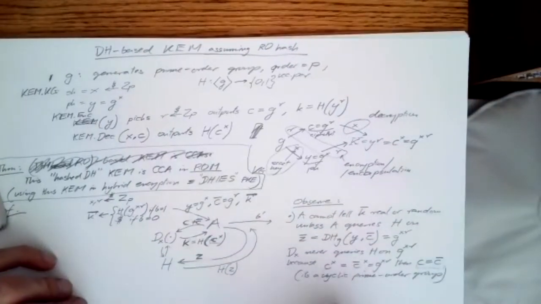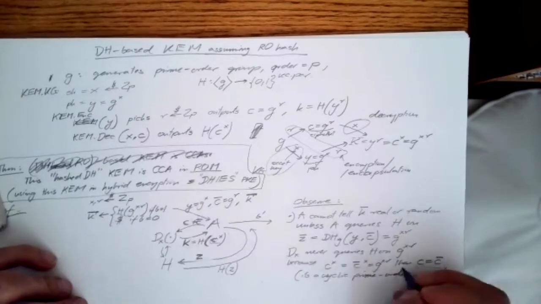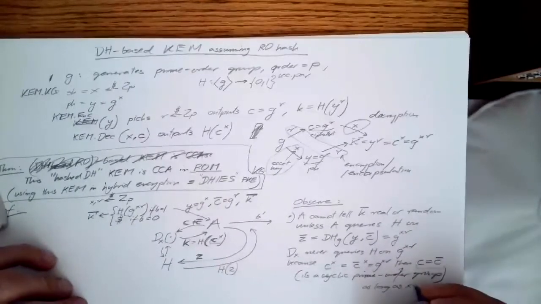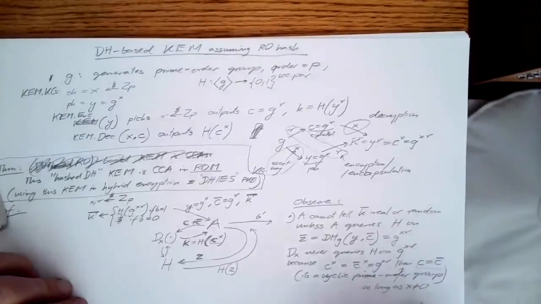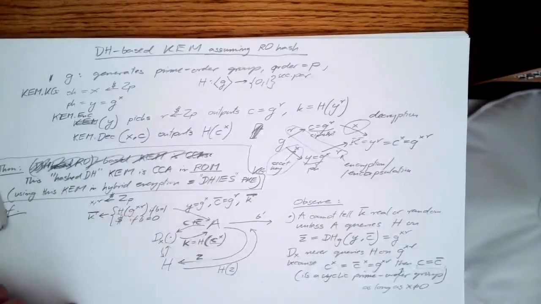There are no small order subgroups that can break this, as long as x is not equal to 0, that's the only case, and this happens with negligible probability.